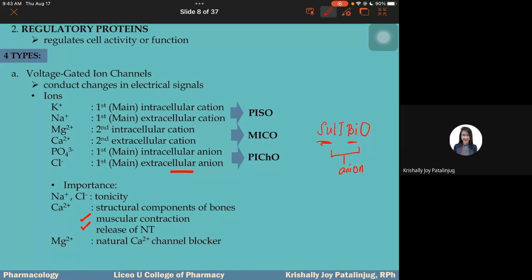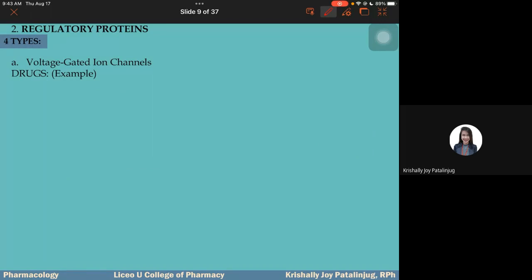Magnesium ion is a natural calcium ion channel blocker. So these are just part of review. But we have this given emphasis, let's say in your inorganic chemistry, we have learned the different chemistries of ions, of elements. Okay. I will move on to the next slide.